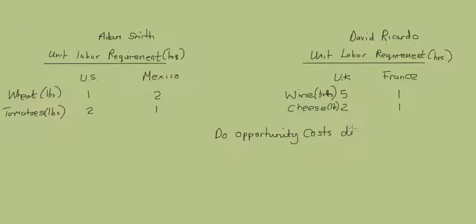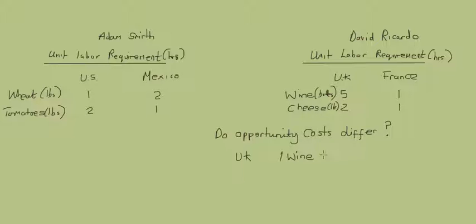And so let's just check the opportunity costs between France and the UK. In the UK, if you want to make wine, it takes 5 hours to make a bottle of wine. We'll call that W because we don't want to get confused with the wheat.